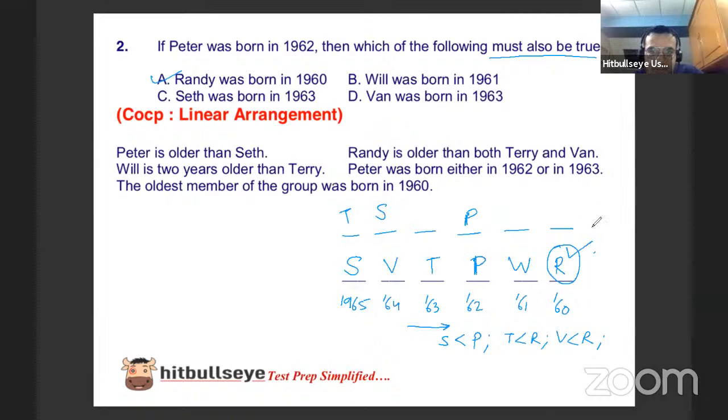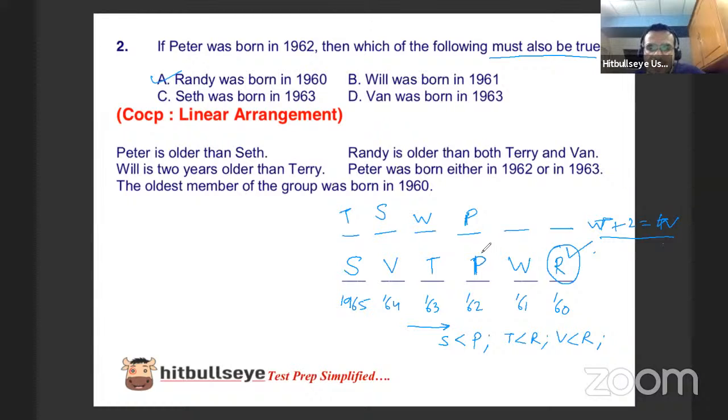And W plus 2 is equal to T, right? So in this case, W has to come over here. T plus 2 is equal to W, my bad. T plus 2 equal to W, which makes W over here, right?